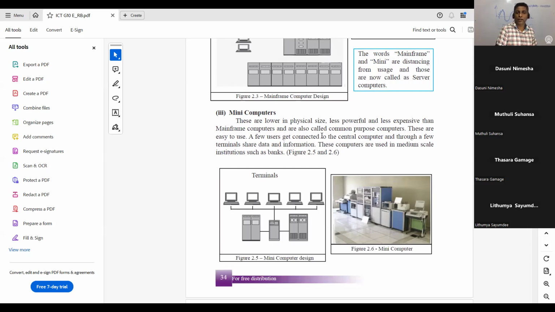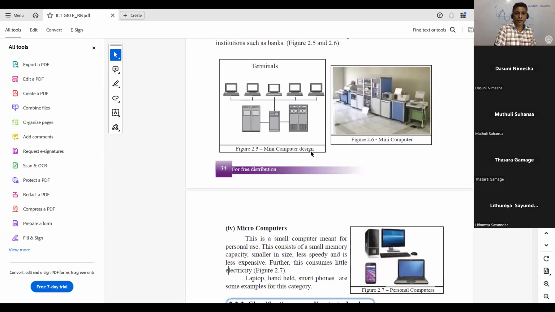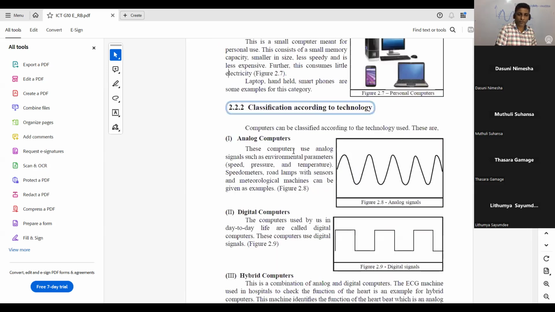Few users get connected to the central computer, few terminals share the data and information. These computers are used in medium scale institutes like banks, right? Medium scale.